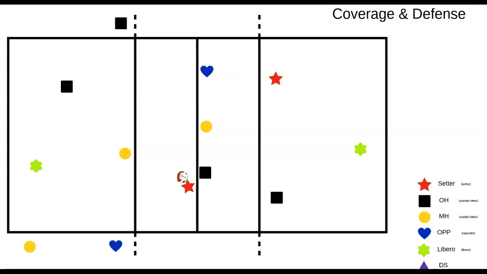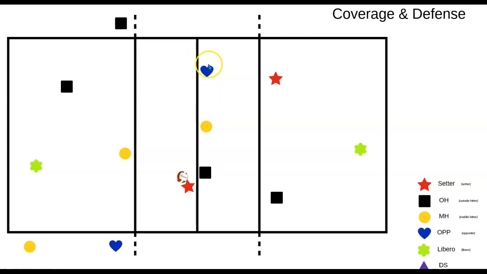All right, again, coverage and defense. We always set up in the same way. It just depends on if you're front row or back row, right? But we're 2x2, middle, 3x2, right, middle, left. Remember, blockers, we don't want to be really far away. We don't need to be all the way on the outside. When we're left side, we're going to set ourselves up right on or inside of where the setter is, then middle, then right.